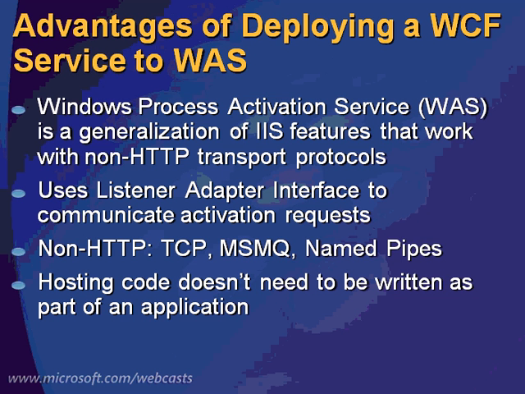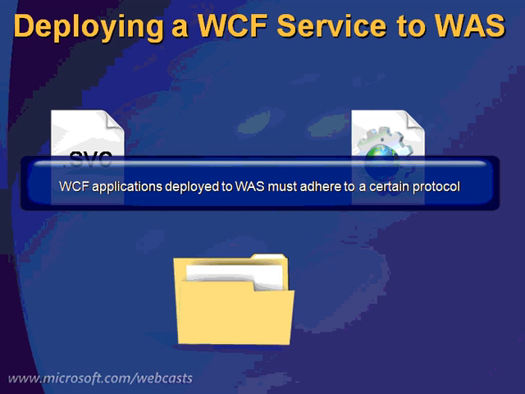Deploying to WAS requires a couple of different things in order to make sure that we are successful at hosting that. And just as we did with IIS, the first one is that the IIS must adhere to the appropriate protocols. And then assuming that we've got the protocols, we've got to have a service file created, and that service file is defined for the type of service that we're going to create. This could be for TCP or MSMQ or named pipes or what have you.